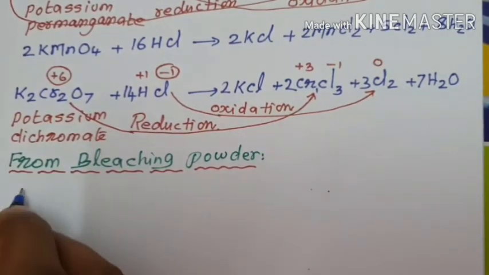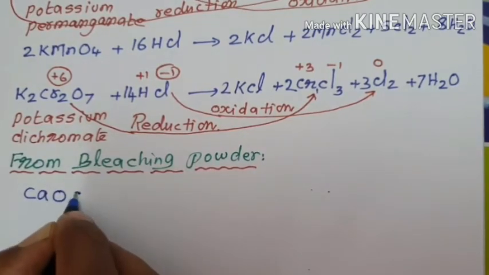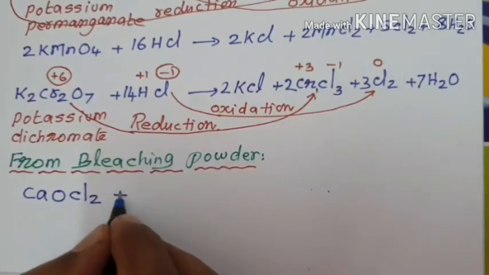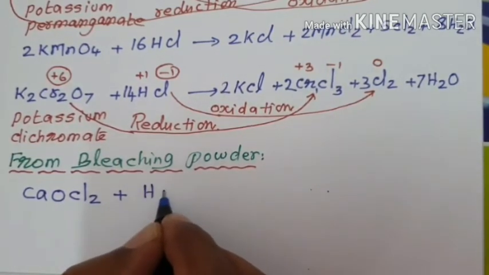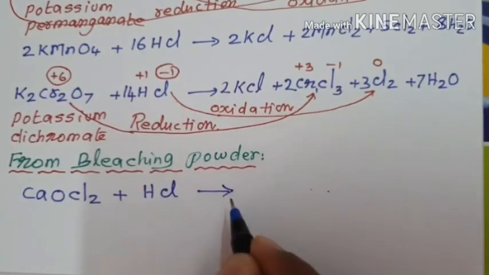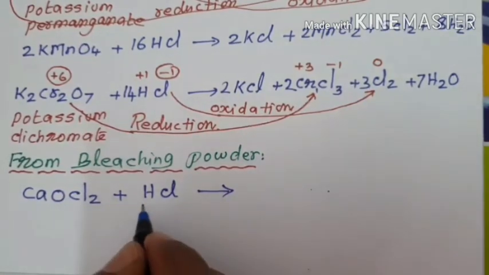Bleaching powder is nothing but calcium oxychloride, CaOCl2. When treated with hydrochloric acid, it gives calcium, and chlorine and water molecules are removed.